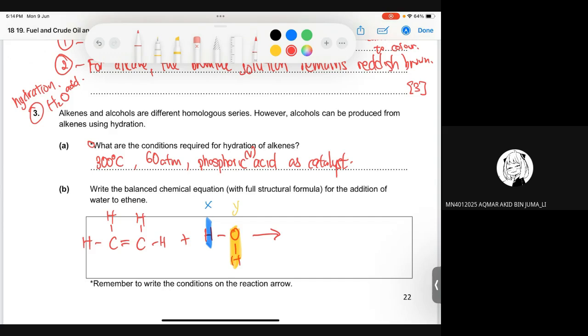Hey, whose turn now? Okay, I call you. Okay, next one, Austin. Austin, come help me. My double bond is broken already. I've got carbon A, I've got carbon B over here. What is going to go to carbon A?